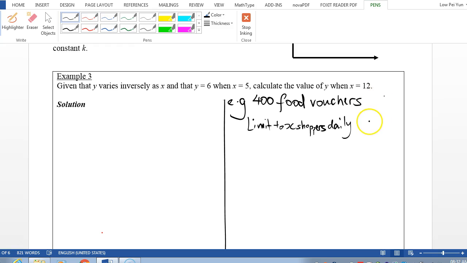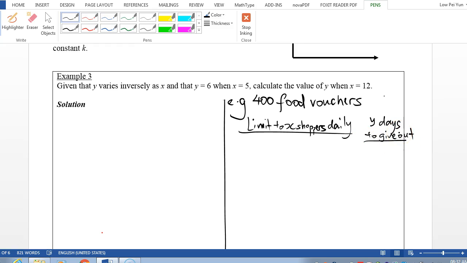Let's call it Y days to give out the whole 400 food vouchers. Okay, so let me just quickly underline this.